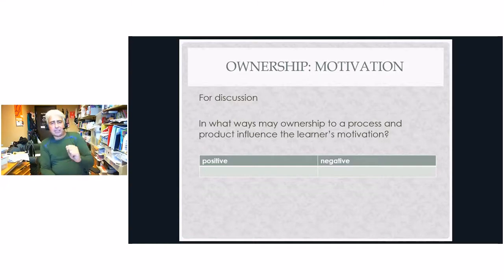If we go to the other side, on the other hand, we have ownership to the product, and here we could say, okay, each pupil is given an identical box filled with identical Scrabble letters. The process is decided 100% by the teacher.